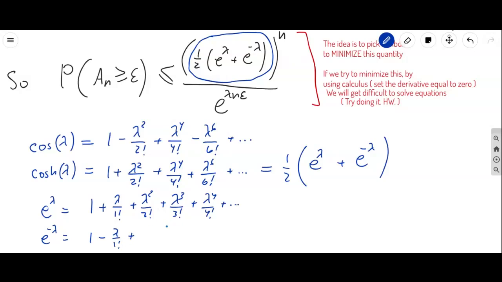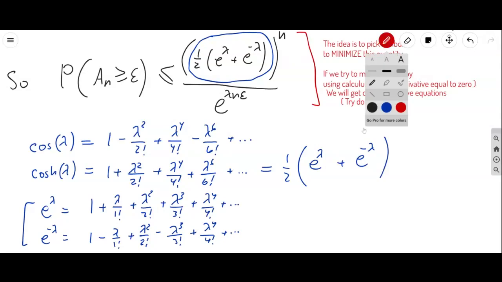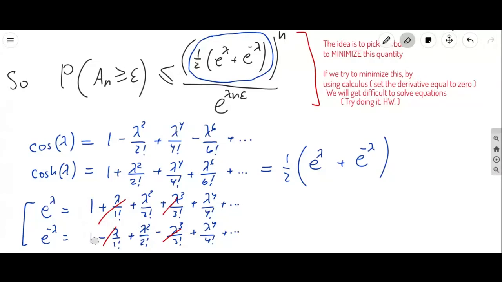But when you replace lambda by negative lambda and you square it, the even powers will remain the same. Now notice what happens when you add these powers together. You will have cancellation. So this cancels with this, the odd ones cancel, and you have exactly what you call the hyperbolic cosine function, except everything's being doubled, so that's why you have a 1/2 in front.